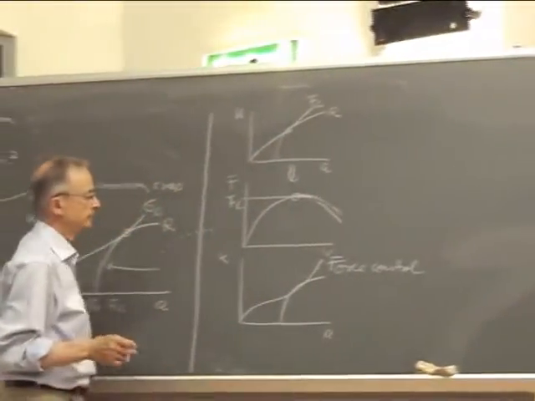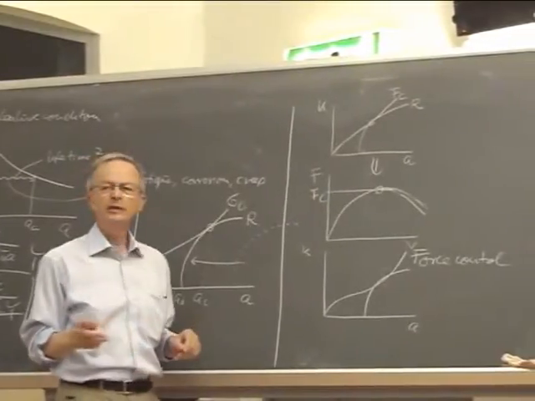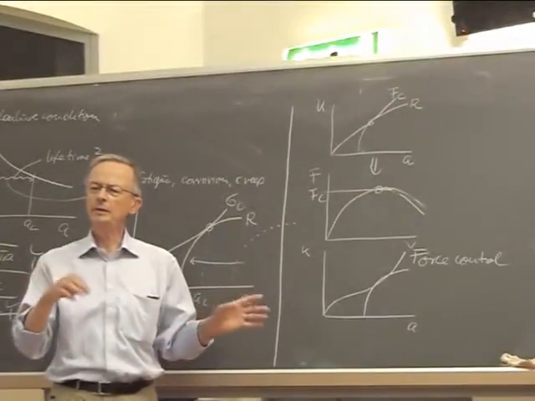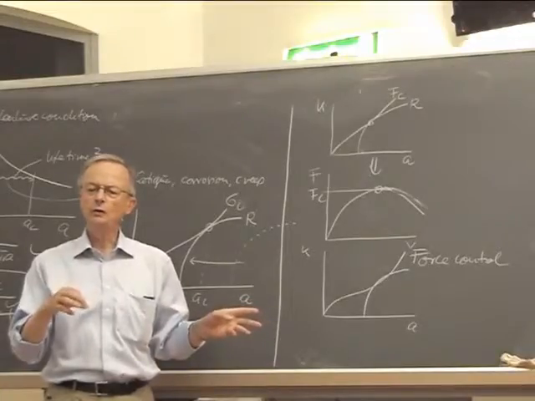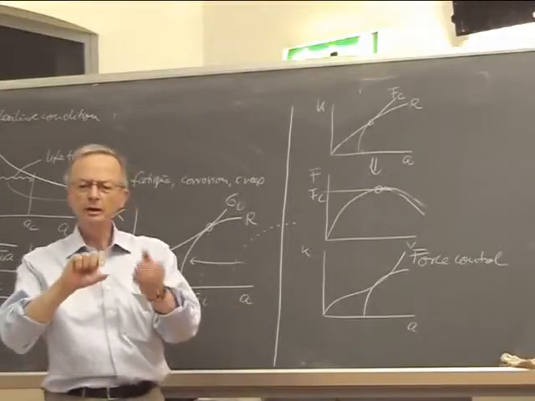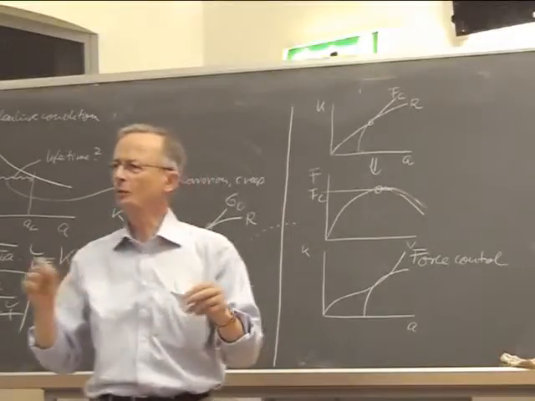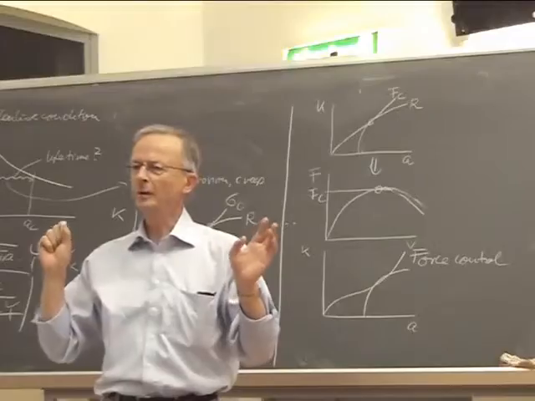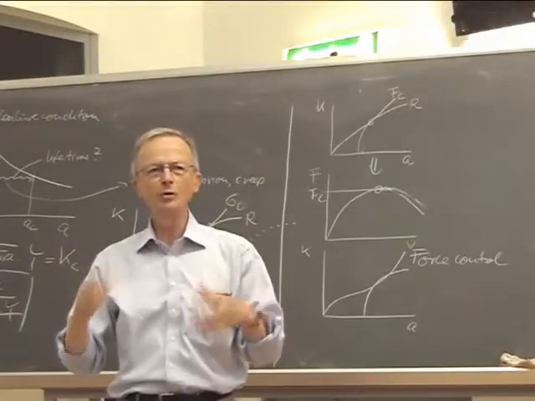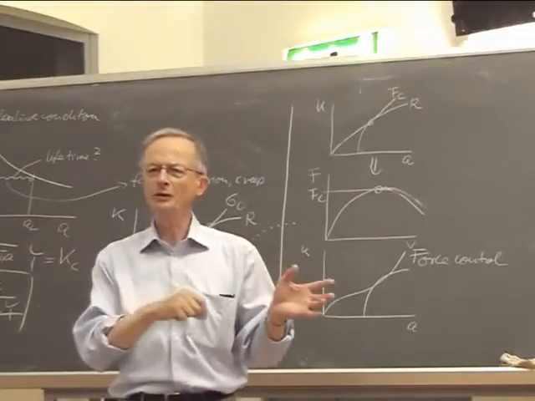But for displacement control, remember the DCB specimen that I showed you on Monday afternoon, that is loaded. We can load a specimen, please. We load a specimen by applying a force or a displacement. So loading is not to be confused with load.